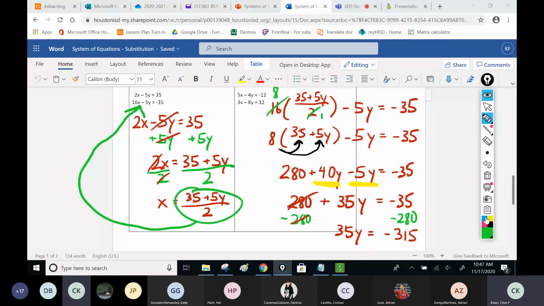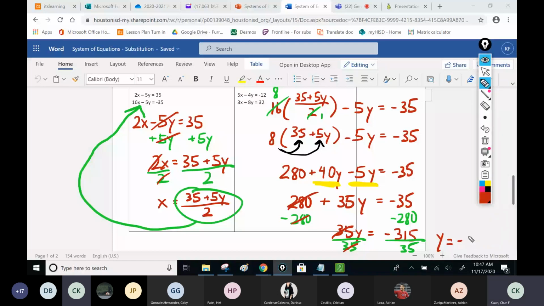And then the last step is divided by 35, divided by 35. So y equals negative 9.